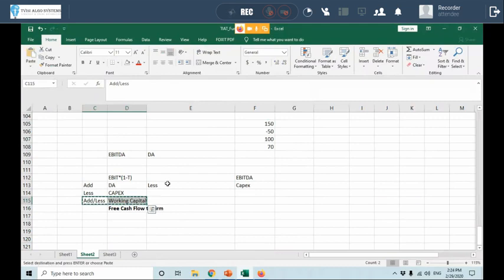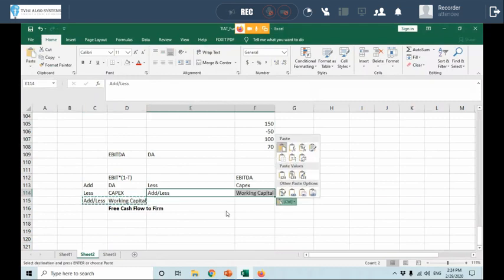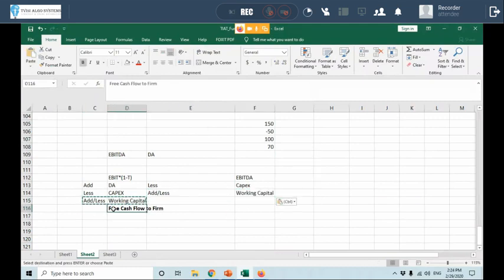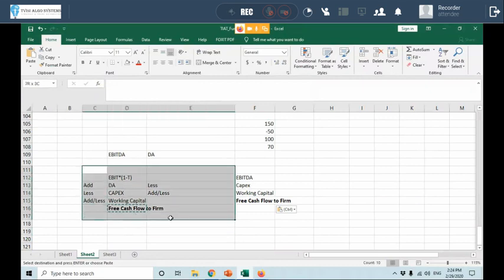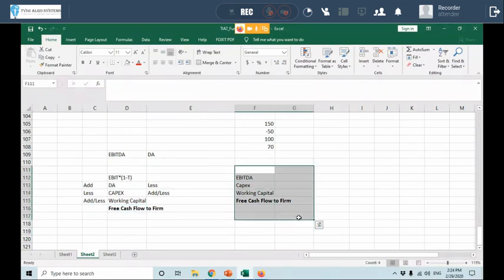People also use this, and then they arrive at free cash flow to firm. The proper scientific method is this, but sometimes people also use this method. The only difference is this 1 minus tax rate on EBIT. That's it.